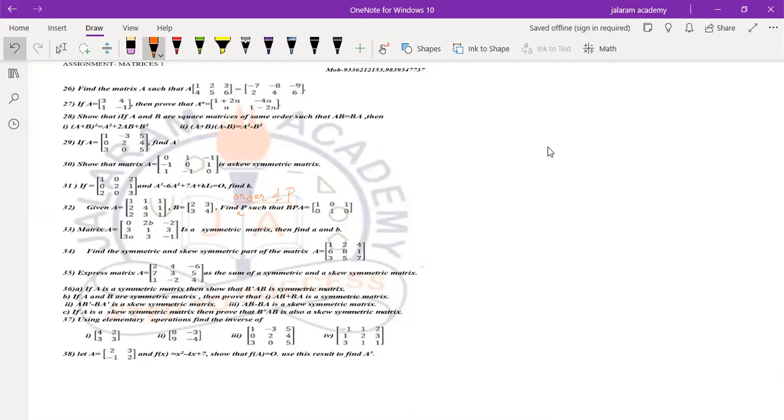And order of A is 3 cross 3. Order of B is 2 cross 2. We have to find order of P, let it be M cross N. And order of BPA is also given. It is 2 rows and 3 columns, so 2 cross 3.